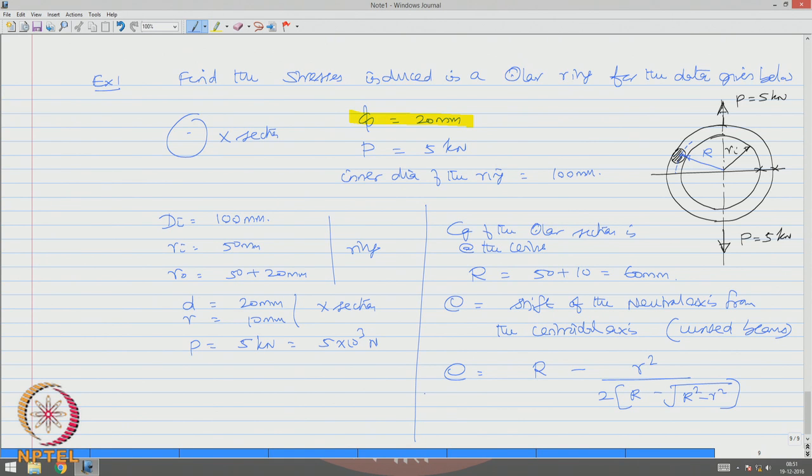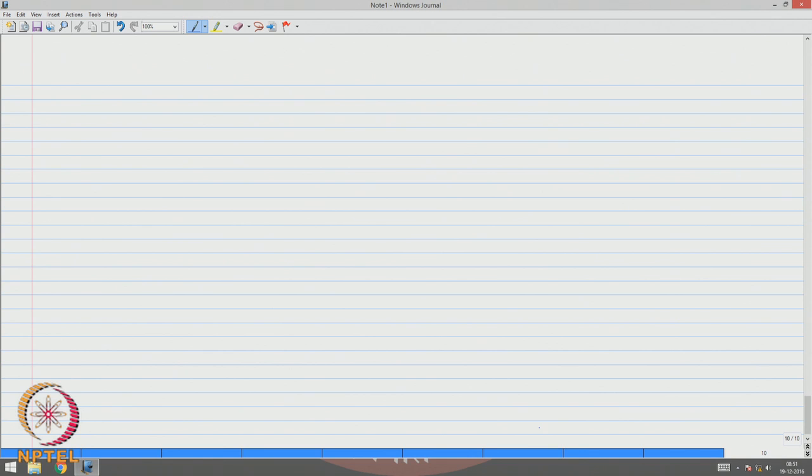Please refer to this equation for the curved beam discussion with a circular cross section. Let us substitute in this case, which is 60 minus r squared, twice 60 minus square root of 60 square minus 10 square, which gives me e as positive 0.4196 millimeters.